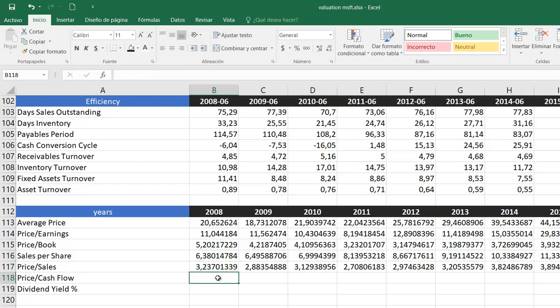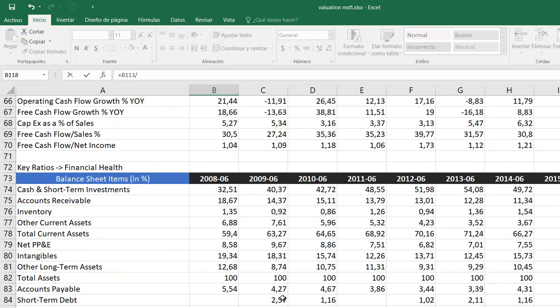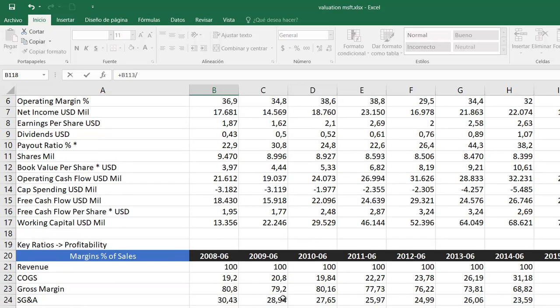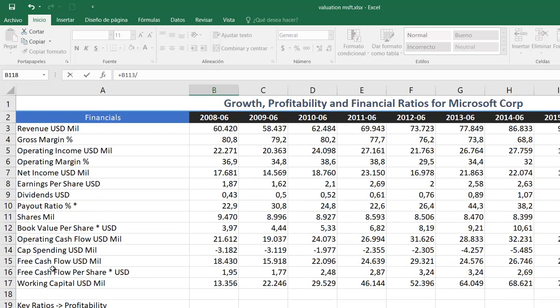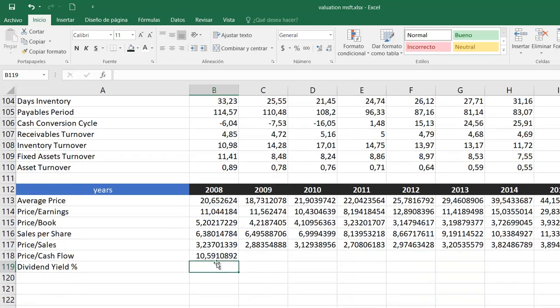Right, then there is the price to cash flow per share. For that we have the average price divided by the cash flow, also per share. We have it at the beginning: free cash flow per share. And this is 10 times.